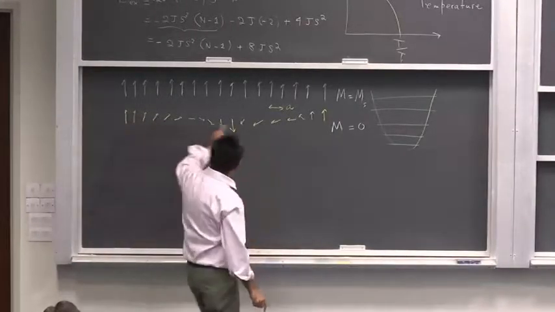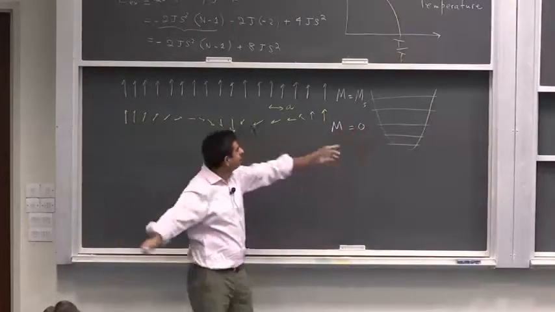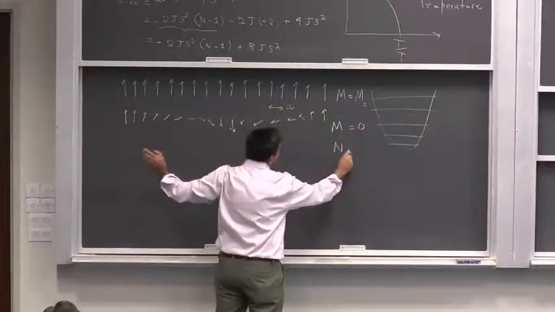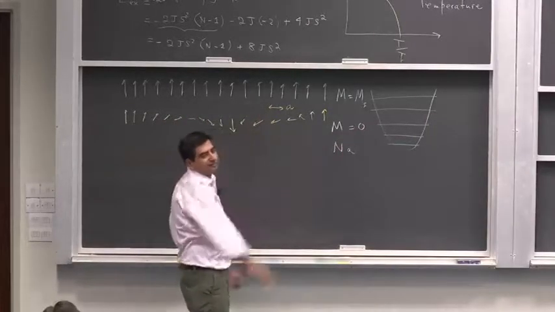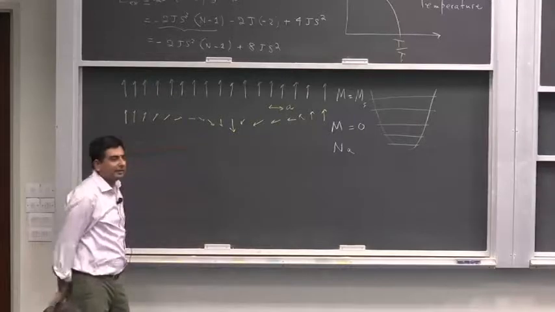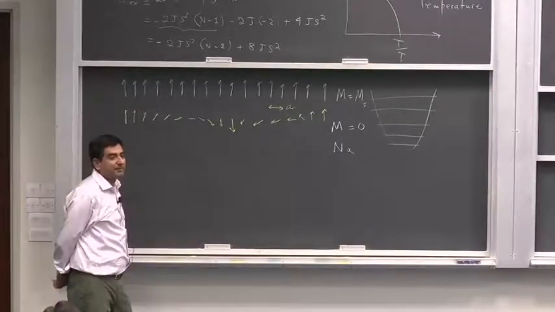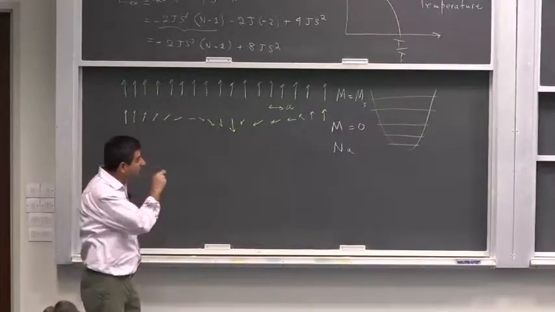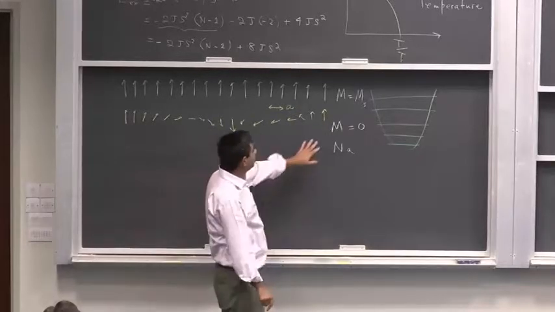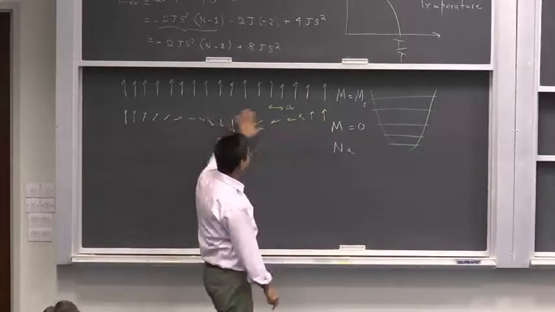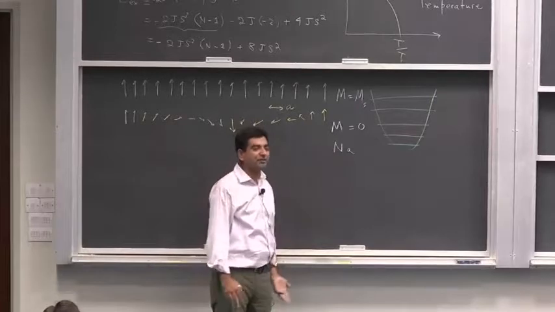And if you go around n times a units, you make one complete cycle. Now the magnetization of the system is 0. However, the molecular field theory would say that this system is a highly energetic state because the magnetization is 0.